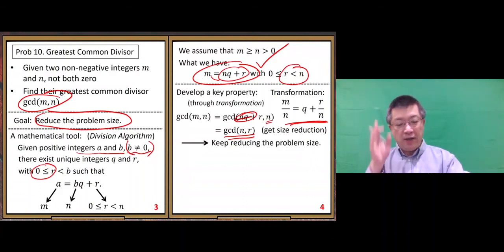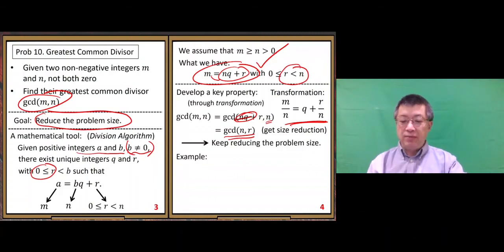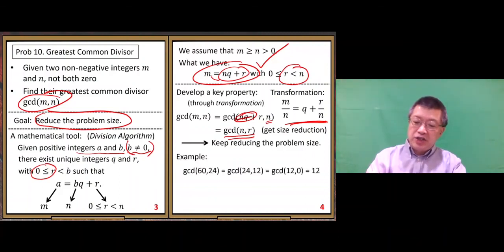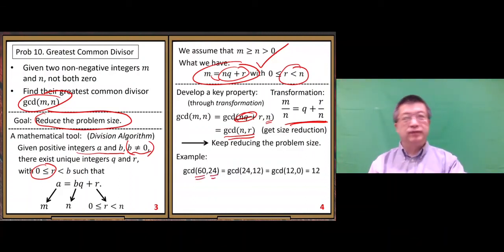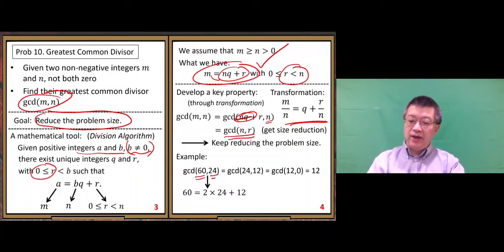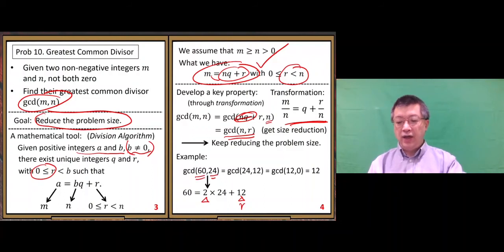All right, let me show you a simple example. Still our original example, 60 and 24, our high school example. But this time we use the division algorithm. This is the quotient, this is the remainder r, but we drop the quotient part. We do reduction, so 24 and 12.